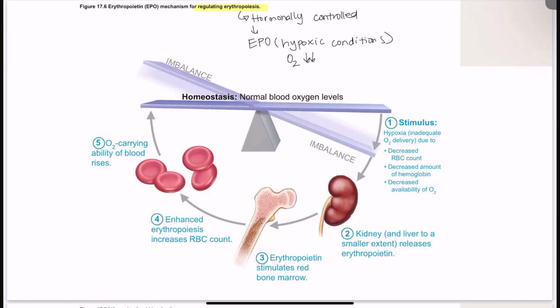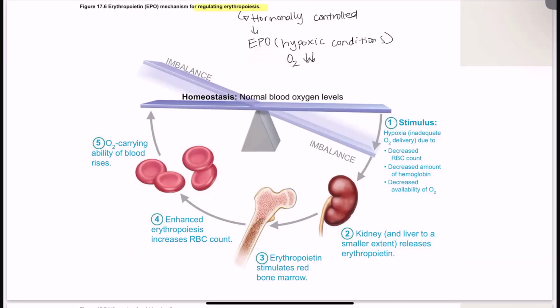A lot of this happens because when we have enzymes that rely on oxygen to work, that means they can't do their job. And when they can't do their job, they send signals to the kidneys and the liver to release this hormone. So when our oxygen-based enzymes can't really work that well, then we start to release EPO.